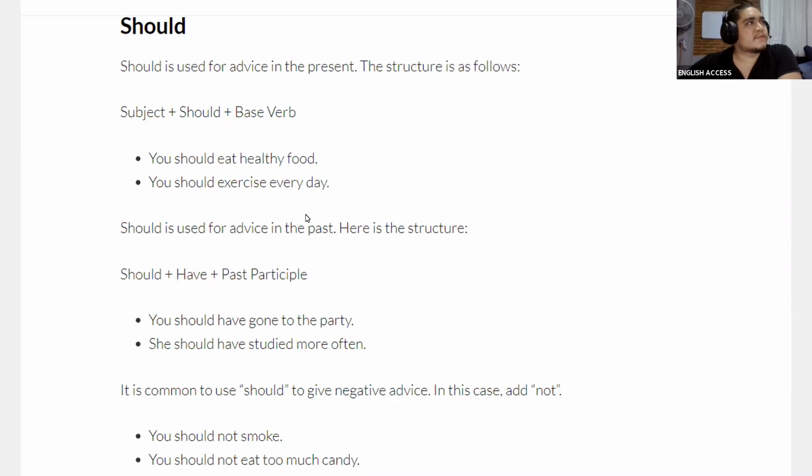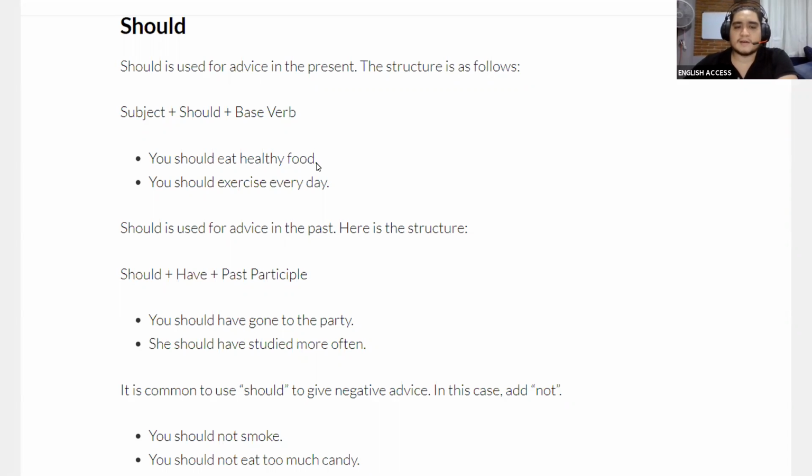But for the past, it's kind of like a hypothetical situation, right? Because you cannot change the past. The way to use it in the present is this one. You should eat healthy food. This is something in the present, okay?